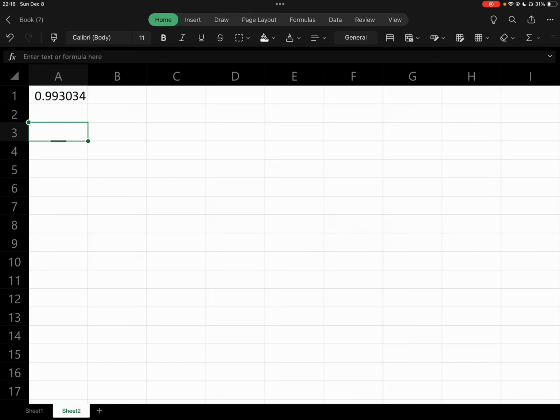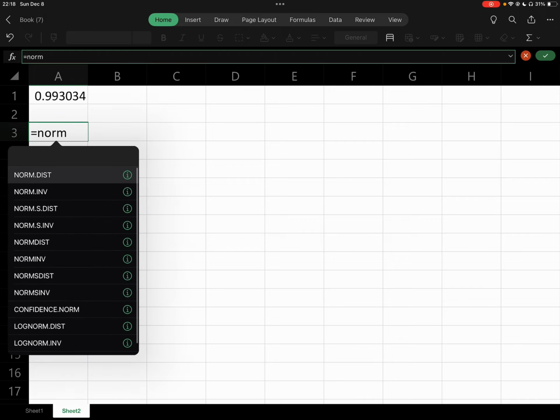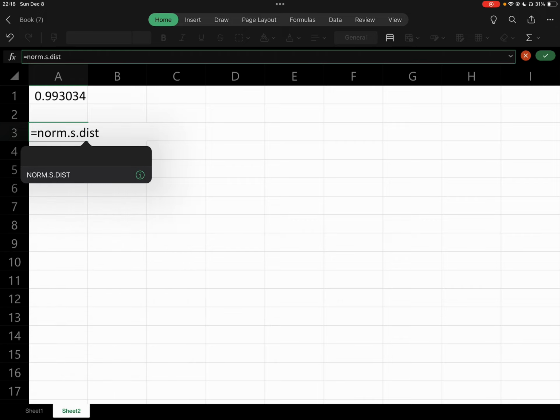So I'm going to come down a line. To find area with a normal distribution, we do norm.s.dist. We put in our z-score, negative 3.279. And then if we put in false, it's going to give us just the individual z-score itself.